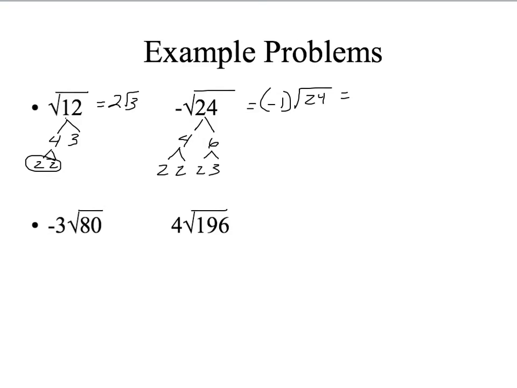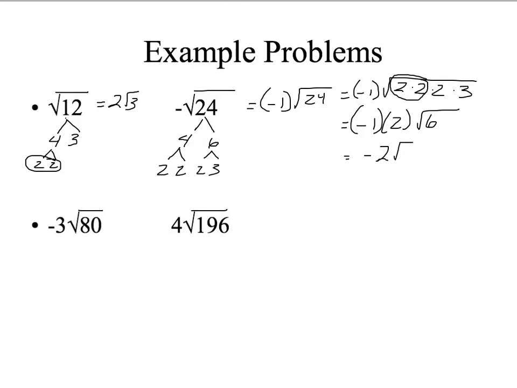So what I really have is negative 1 times the square root of 2 times 2 times 2 times 3. I'm looking for perfect square pairs, right? Square root of 4 is going to be just 2. I have no more pairs left, so now I have just negative 1 times 2 times the square root of 2 times 3, which is 6. So this ends up being negative 2 square root of 6.